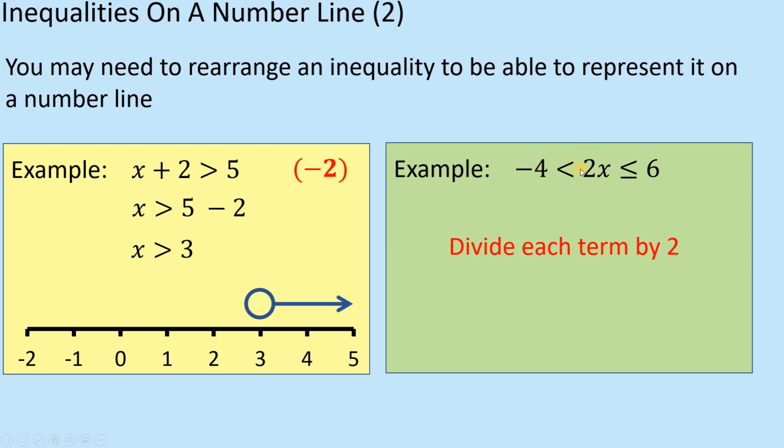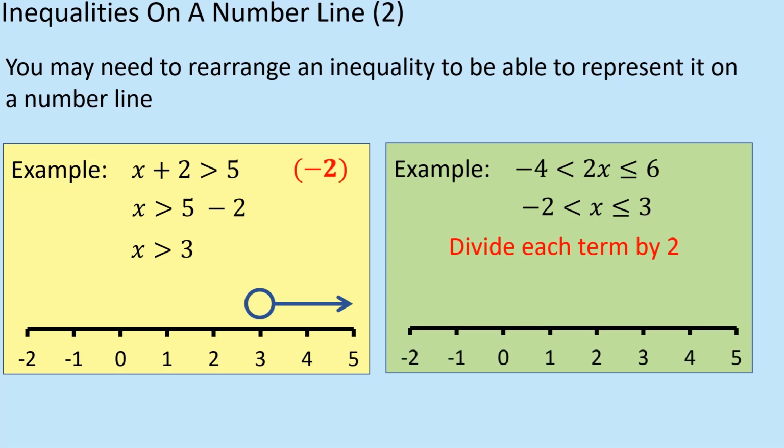So I'm going to teach this half first of all, and then that half second. But this should make it a little bit easier anyway, because I can just divide them all by 2. So I could divide that by 2, and then do the same for that side. But there's no point because I can literally just do it for there. So divide it all by 2, which gives me this.